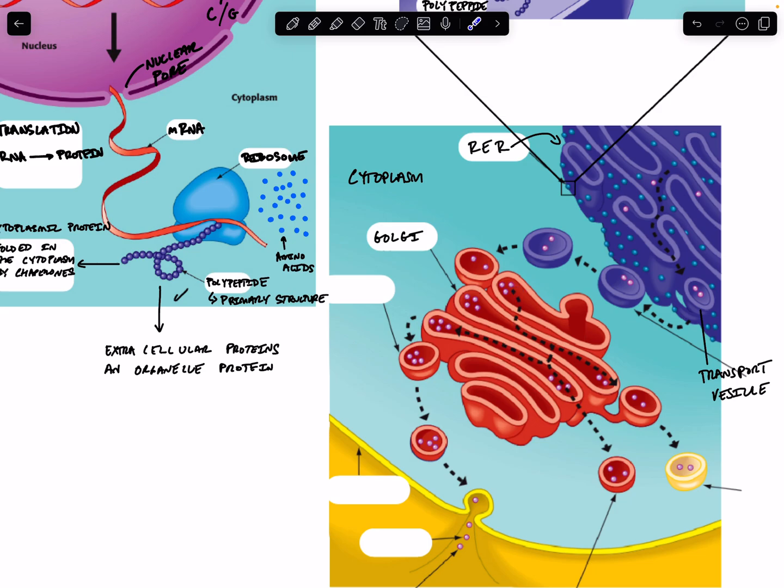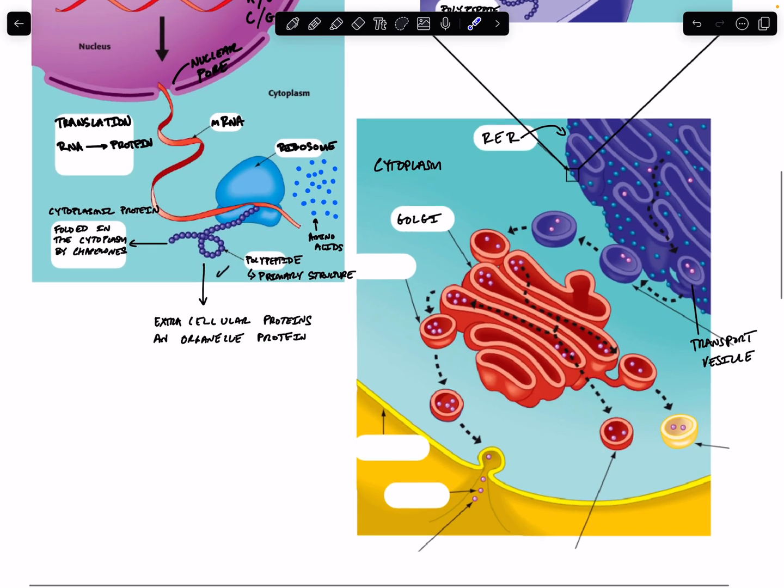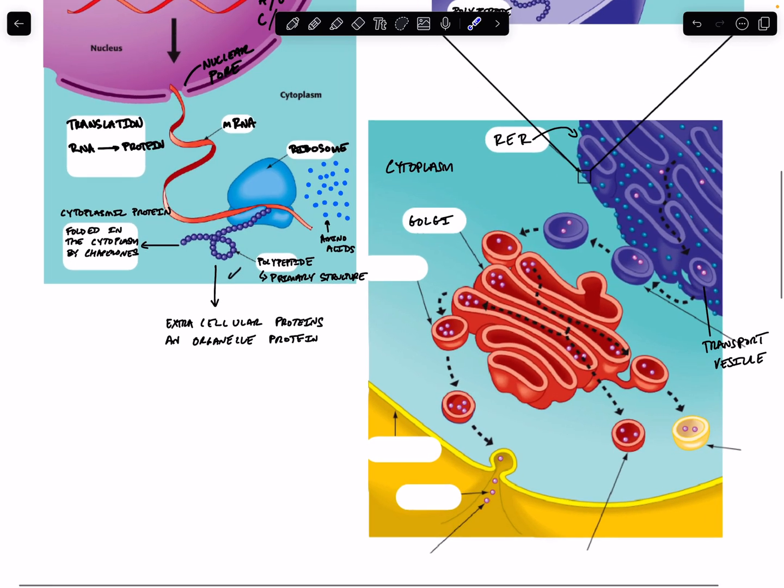Throughout the processing, as it moves through the Golgi, a little piece of this part of the Golgi will pinch off and then fuse with this part of the Golgi. In doing so, this protein is going to move all the way through the Golgi body. And at the end of its journey through the Golgi, it is going to be mature and ready to be active.